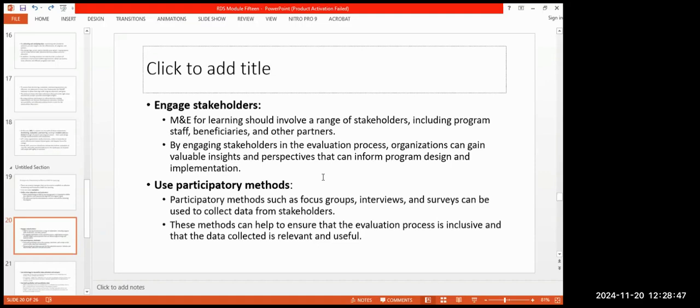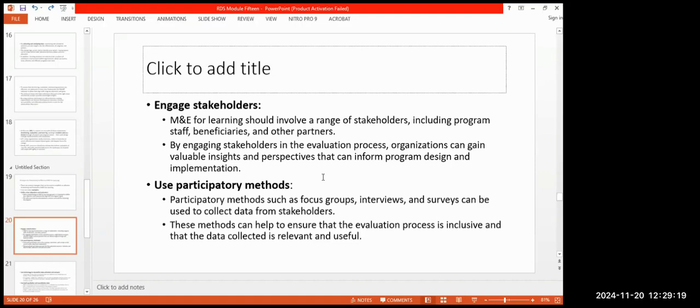Yeah. And some of the key stakeholders that are important for results or for learning: the staff, all right, the people who are benefiting from what you're doing, and others, especially the donor.